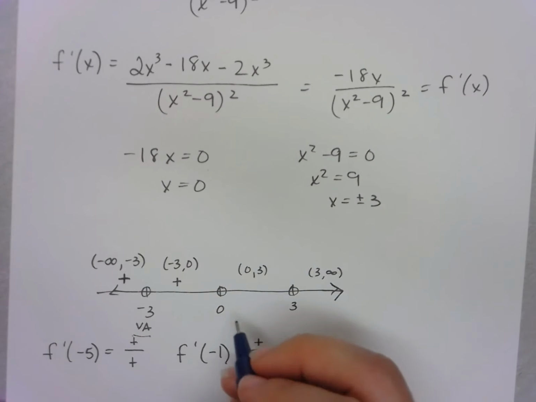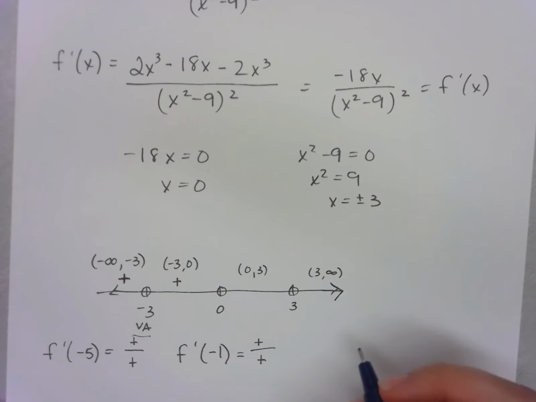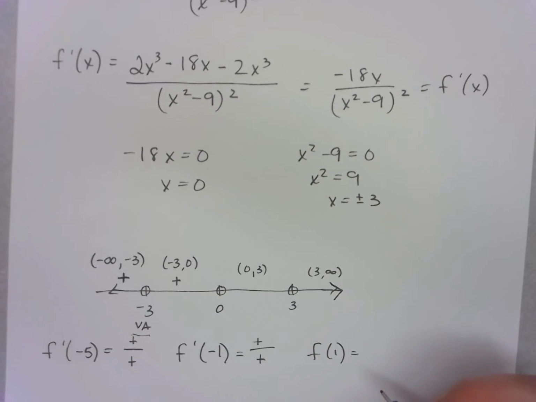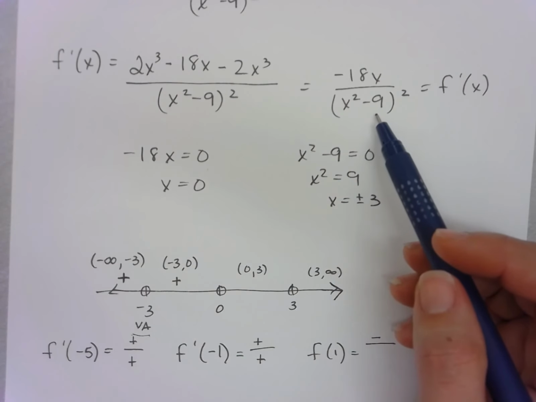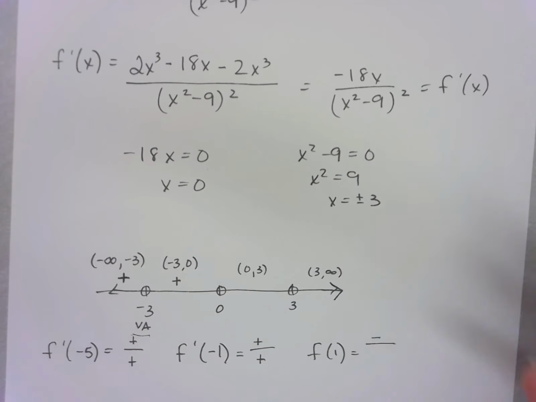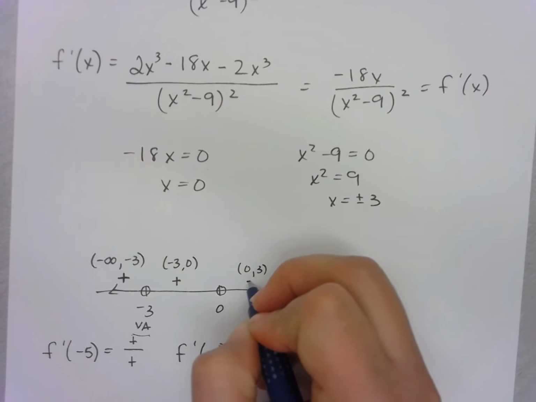All right, so now I need a value between 0 and 3. I'll just use 1 just to be symmetric. It could be 2. I guess I could choose 1.5 if I really want to, but I don't. So if I choose 1, I get negative 18 times 1, which is a negative on top. And then I'm going to get 1 minus 9, which is negative 8, but squaring it will make it positive. So it's negative in this piece.